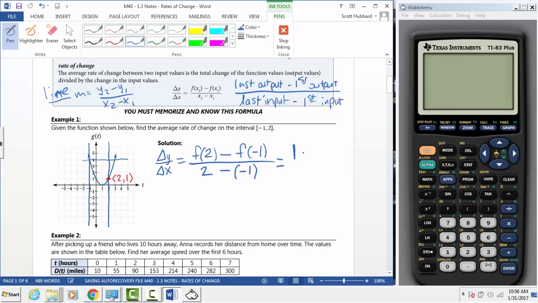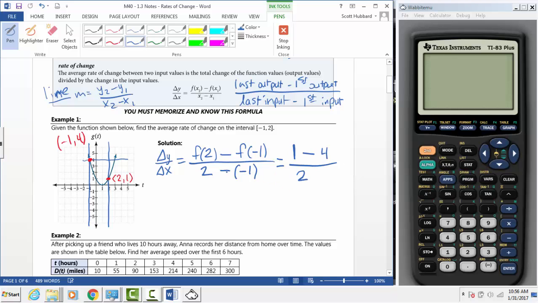So this is going to be 1 minus, and then find the graph again. This point right here was the first input and output, the point (-1, 4). And so the first output is 4, so it's 1 minus 4. It's the y value.